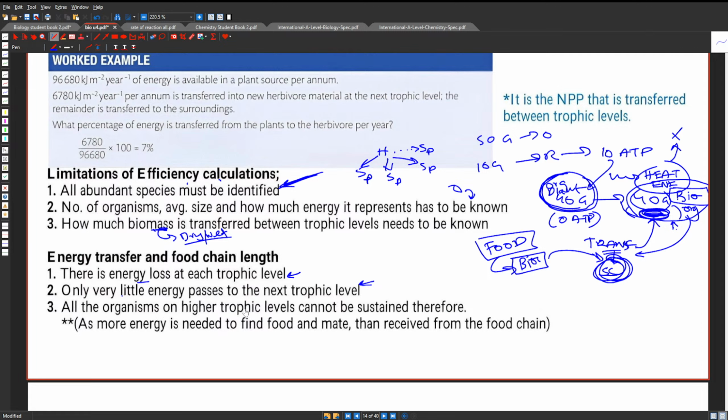All of the organisms on a higher trophic level cannot be sustained, therefore, as more energy is needed to find food and mate than received from the food chain. Sorry, what? All the organisms on higher trophic levels cannot be sustained, therefore.